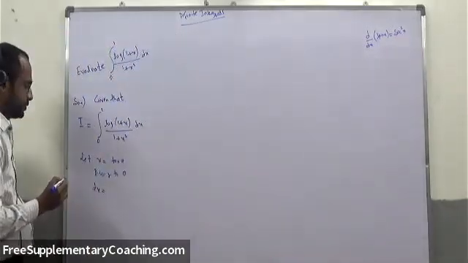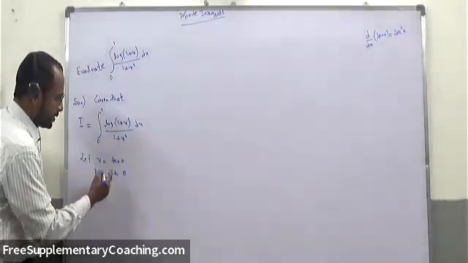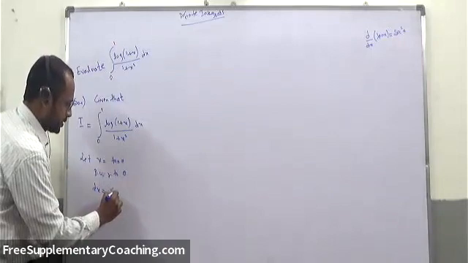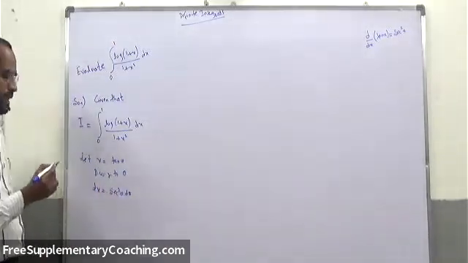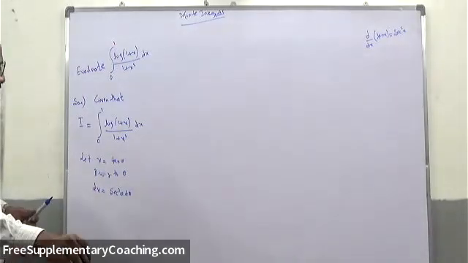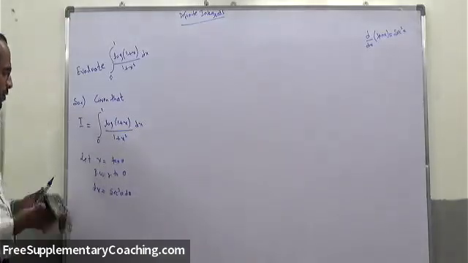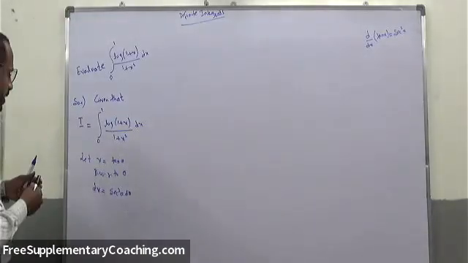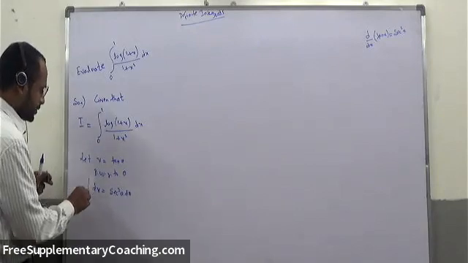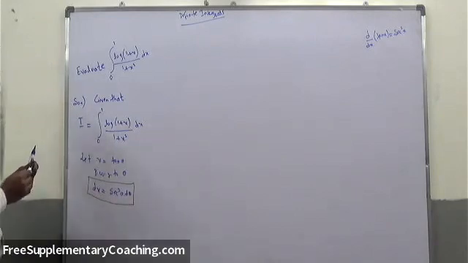So here d by dx of tan theta is secant square theta into d theta, as we are differentiating with respect to theta. So this is the value for dx. Just make a box for it.